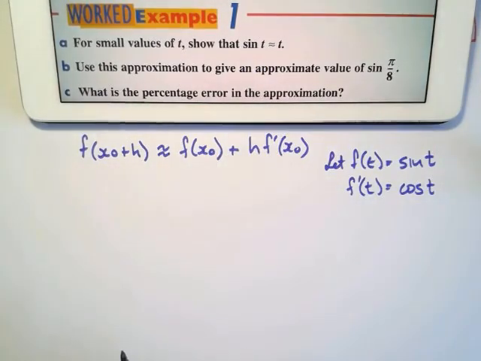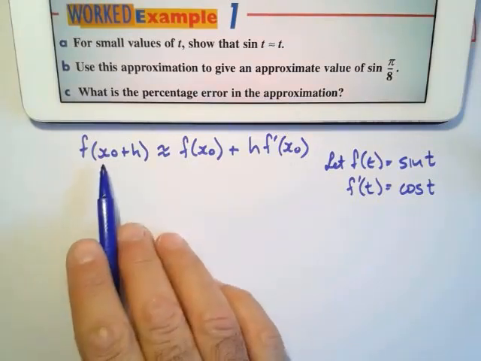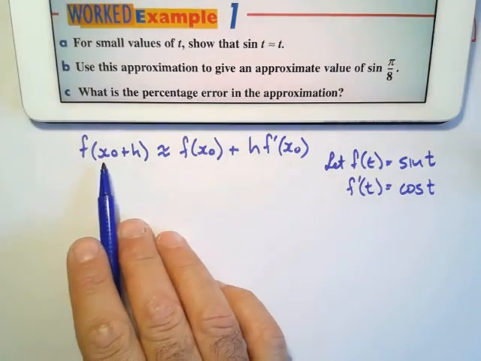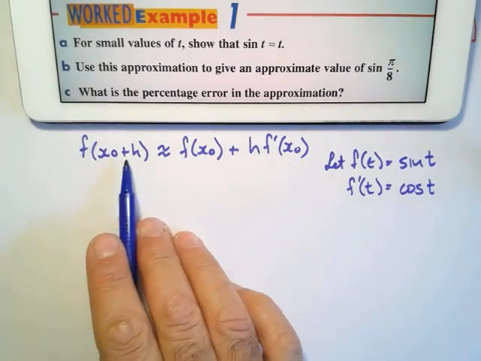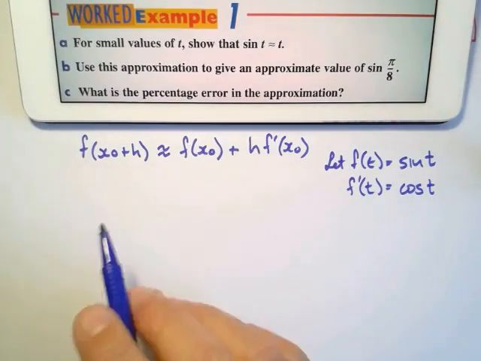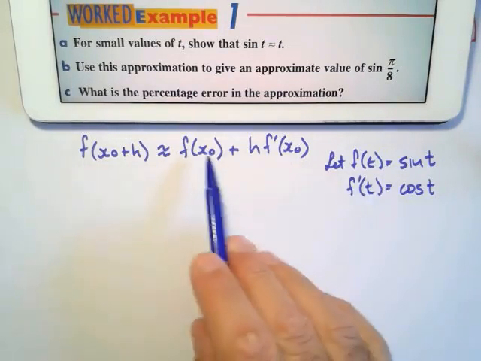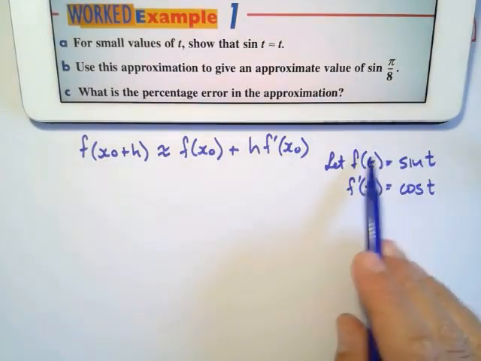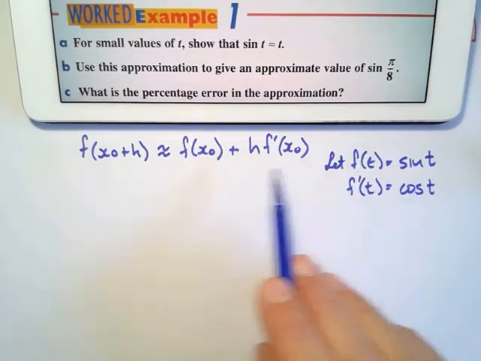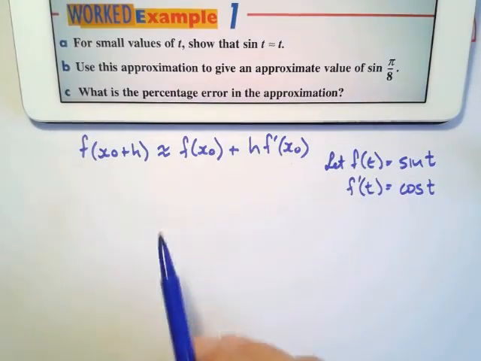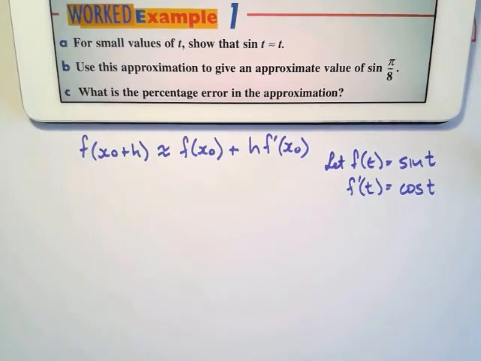The other thing that I have to do now is decide where to start, so find values for x0 and h. I'm going to choose 0, because if I say the function at 0, it means I substitute 0 into f(t). If I choose any other value, it's going to be very hard to do without a calculator.